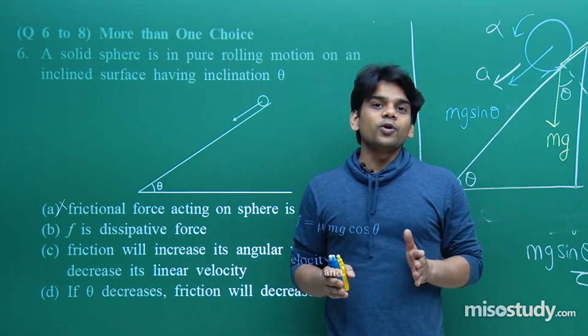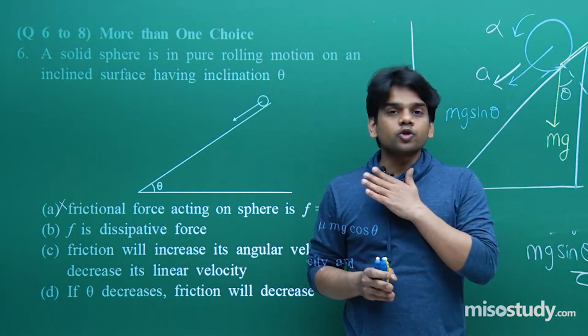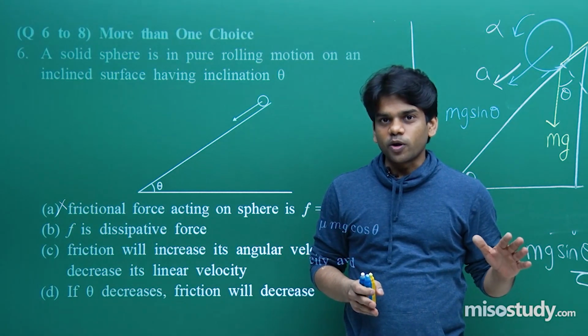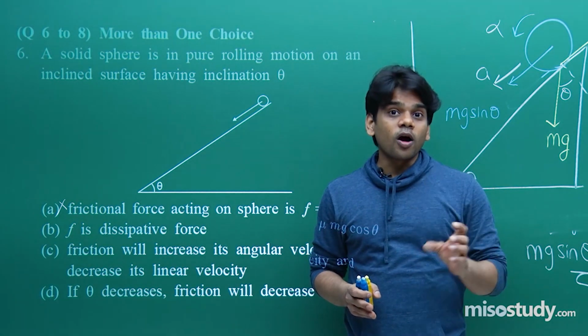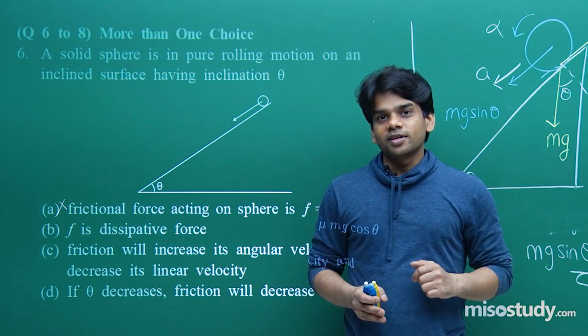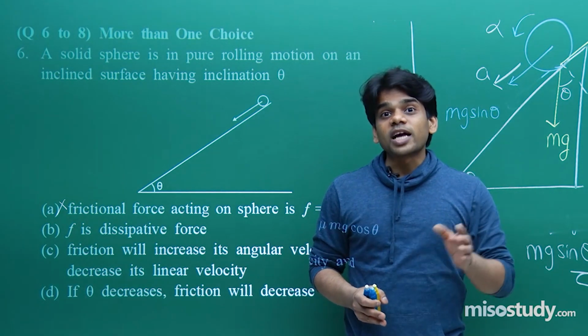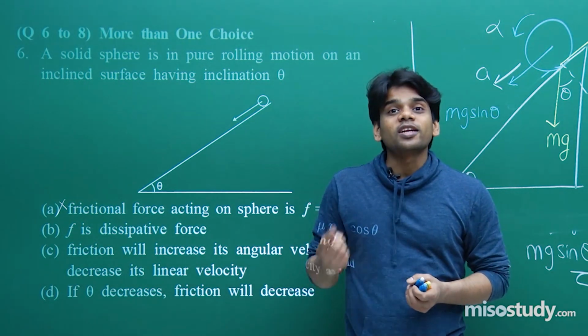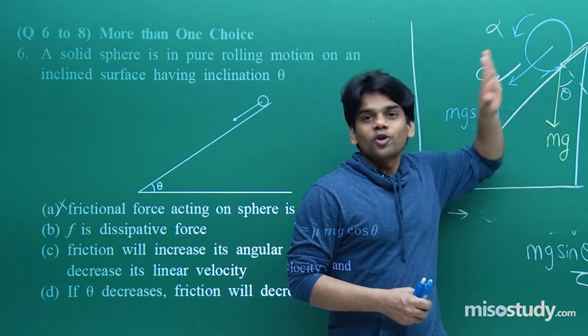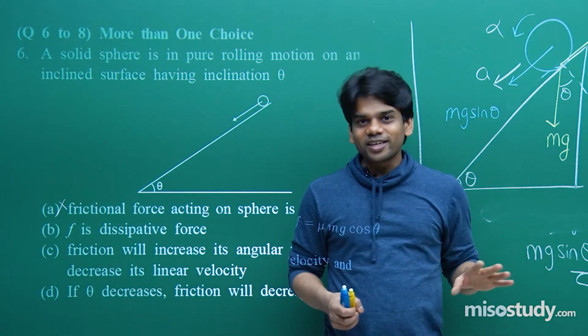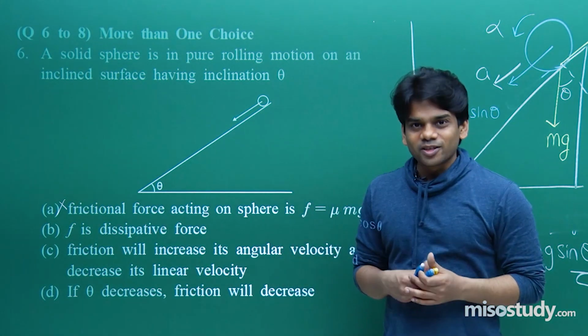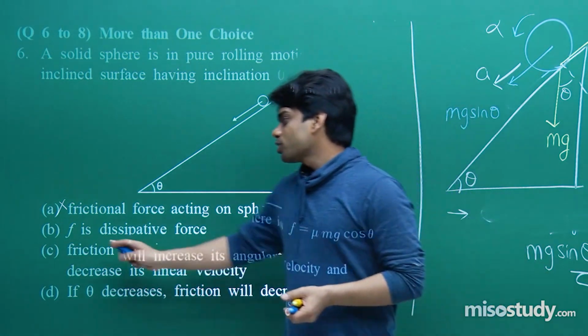Regularly, I have told you this point in our regular classes. Friction force is not going to do any work on this body. This is not a case of a block which is sliding on the inclined plane. It's a case of a sphere which actually performs pure rolling motion on the inclined plane. So friction force will not do any work. It's not going to play any role on the kinetic energy of the body. So frictional force, dissipative force, incorrect.